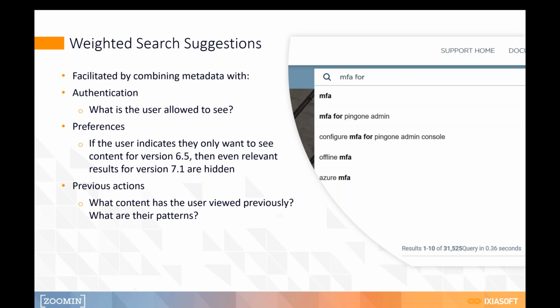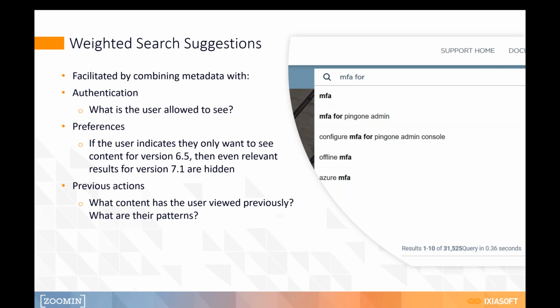The third thing that we can use to help weight the search that's really cool is the previous actions or previous behaviors of the user. If I go in and I don't have preferences set for the version of the product and it's not indicated in my authentication method, but I did a search for 6.5, then we want the system to remember that and weight the search according to that.